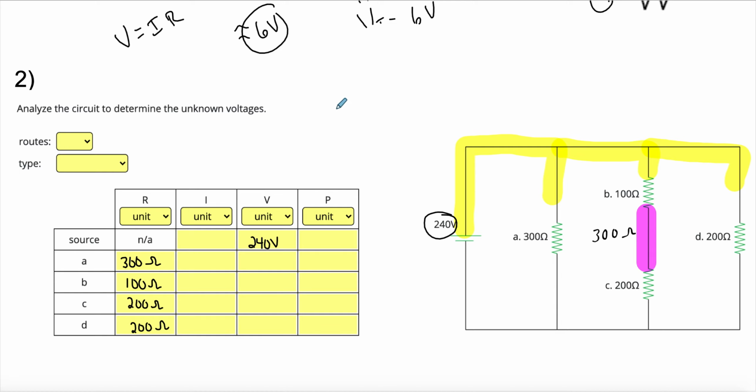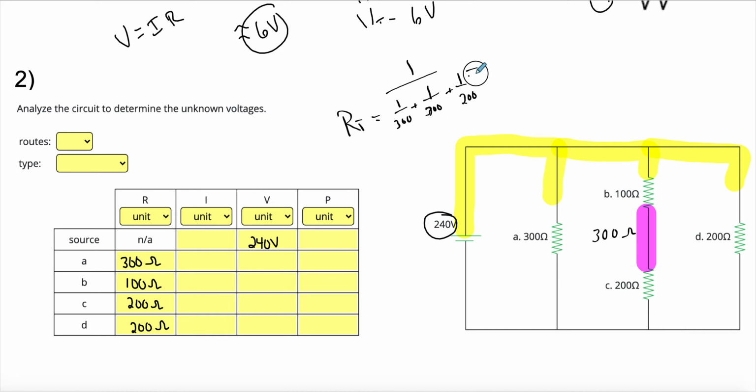So remember how to calculate the total resistance in parallel. It is 1 divided by 1 over resistor A plus 1 over resistor B, which we're going to call this right now because we have this wire, plus 1 over resistor D. We put that in our calculator: 1 over 300 plus 1 over 300 plus 1 over 200, and divide 1 by that answer.